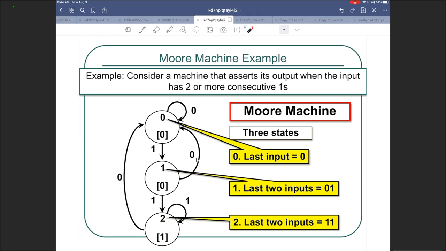Now, for a moment, just think about what we are missing here. We looked at 0, we looked at 0, 1, we looked at 1, 1. Why did we not include a last state of 1, 0? Why is this not there?